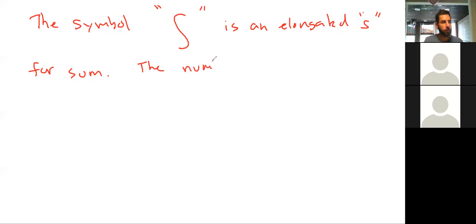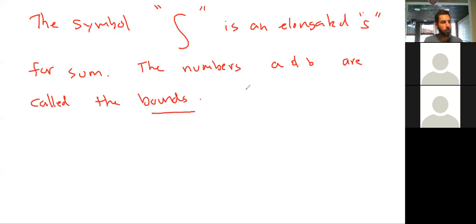The numbers a and b are called the bounds. f is called the integrand.